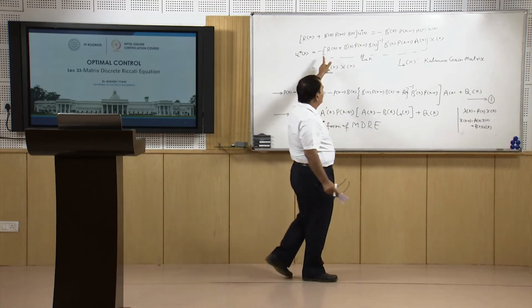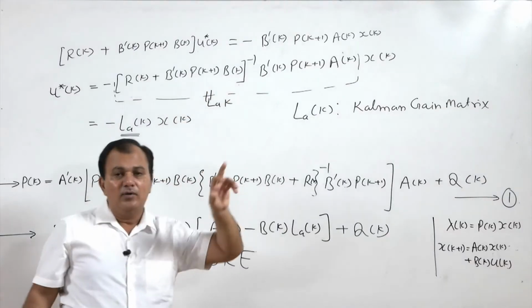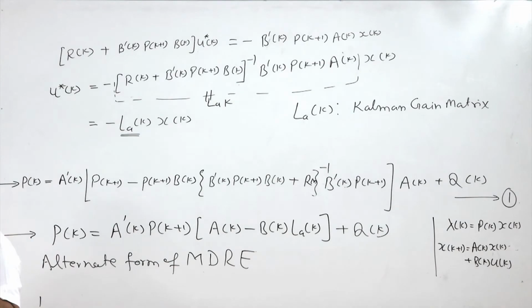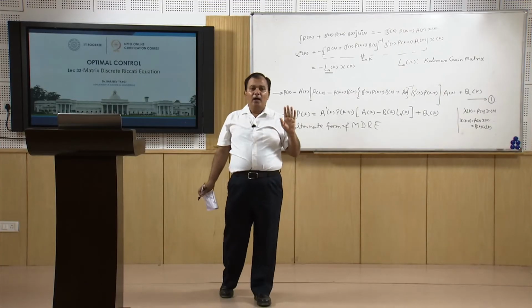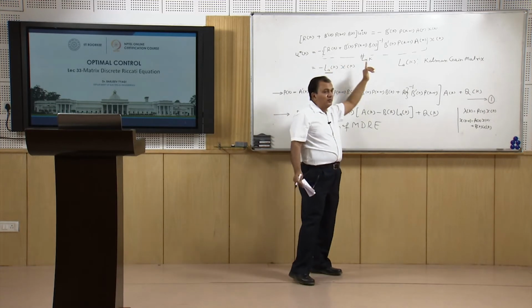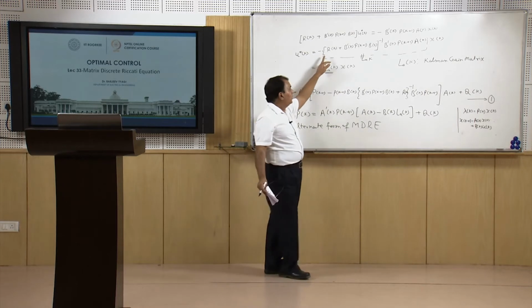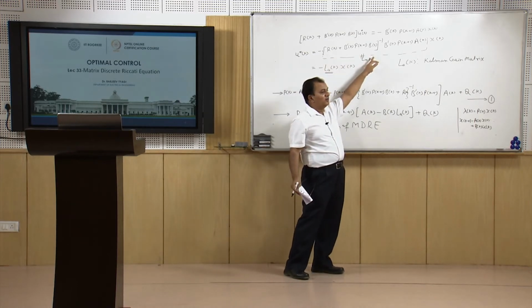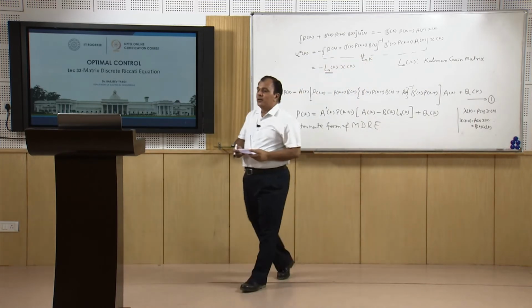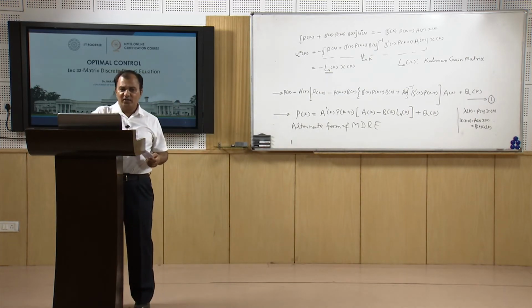And the inverse that exists in the L a k, we have shown that this inverse always exists, as my R is a positive definite matrix and P k plus 1 is also a symmetric positive definite matrix. So, this inverse term always exists. So, by this we have the two forms we have discussed.